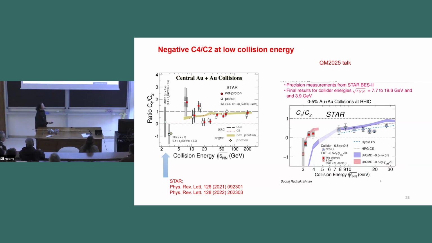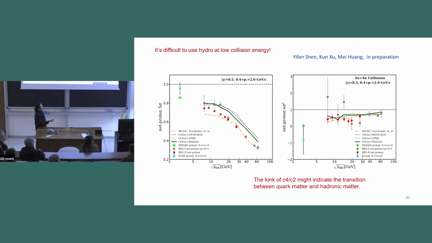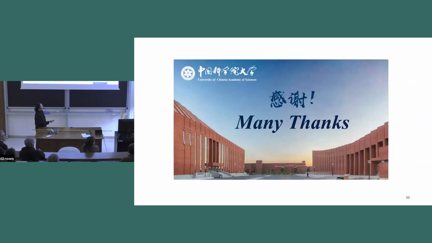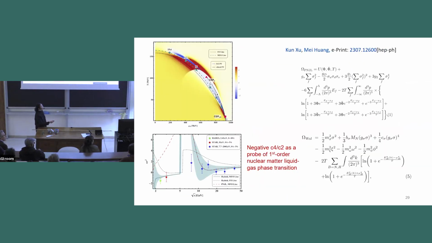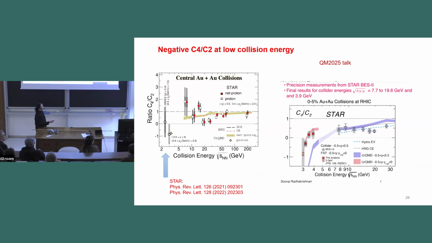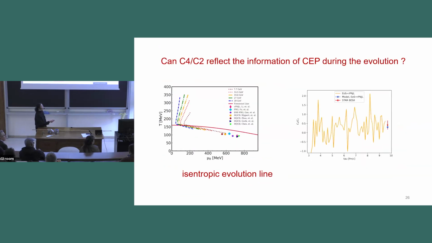Oh yes. Okay, that one I go there. Oh, sorry. So we have this isentropic line for the evolution of the system. So here you see for this point, this is for 7.7 GeV. So yeah, but your observables is here.